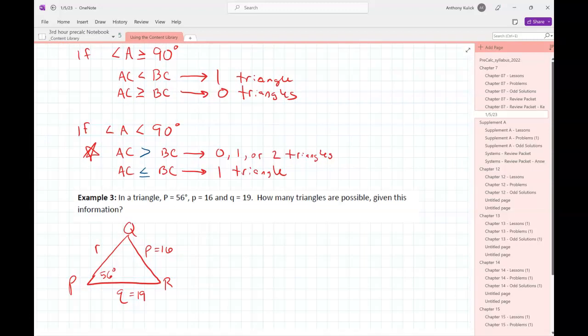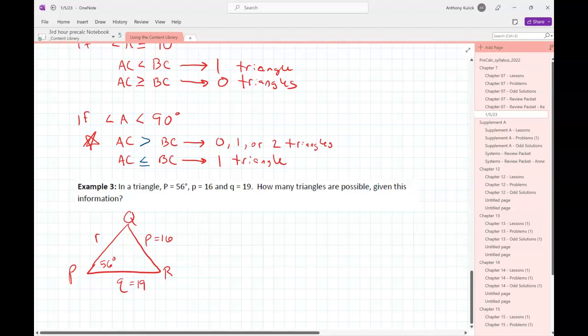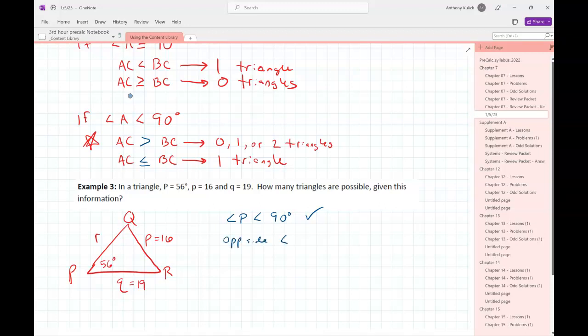Okay. So let's look at this kind of situation. I have an acute angle that's given, and I'm given that the opposite side is shorter than the other side.